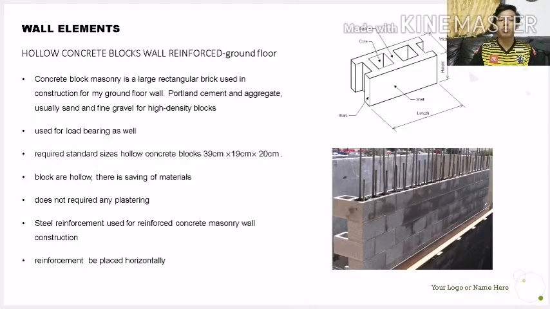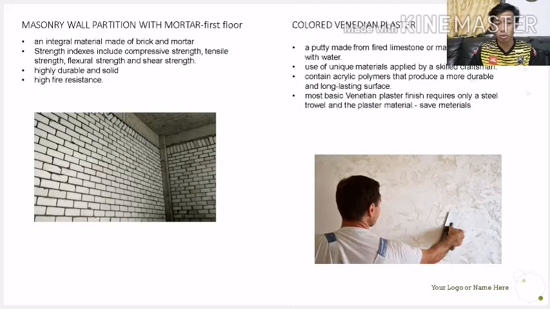At the first floor, we have masonry wall laid with mortar, which is an integral material made of brick and mortar. It has good strength and is long lasting, with high fire resistance, high durability and solidity. The finish is colored Venetian plaster, made from fine limestone or marble mixed with water.